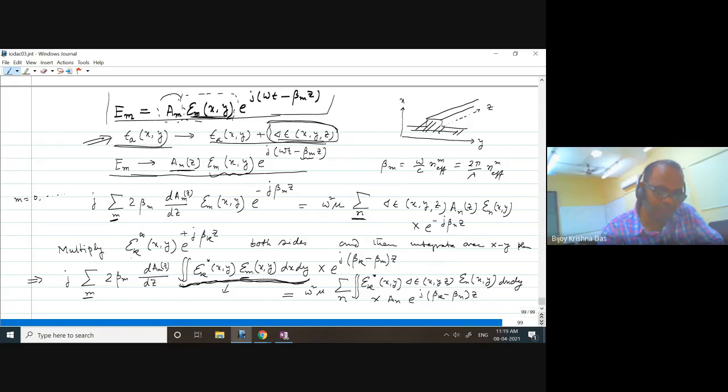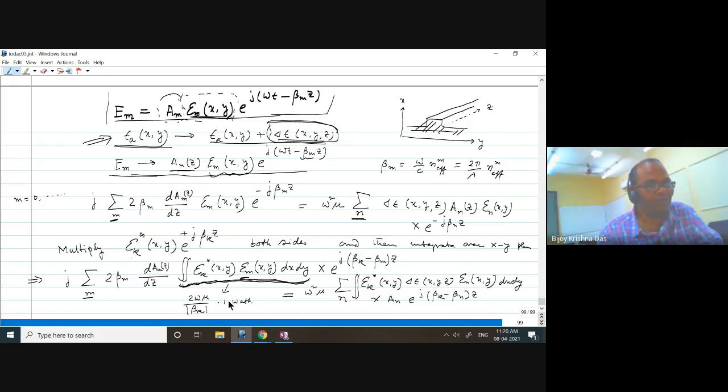If these fields are normalized to 1 watt, we can write this as nothing but 2 omega mu over beta k, into 1 watt, right? That is also something we have derived earlier. Only when k equal to m, this integration value will become like this.